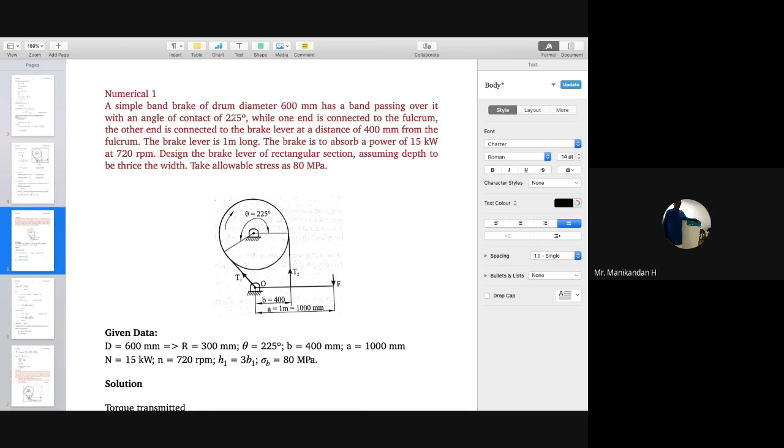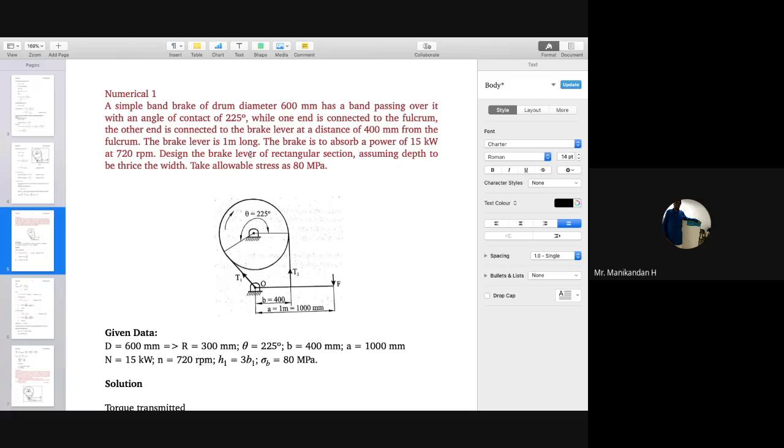The brake lever is 1 meter long. The brake is to absorb power of 15 kilowatt at 720 rpm. Design the brake lever of rectangular cross section, assuming depth is equal to thrice the width. Allowable stress for the lever is 80 megapascal.